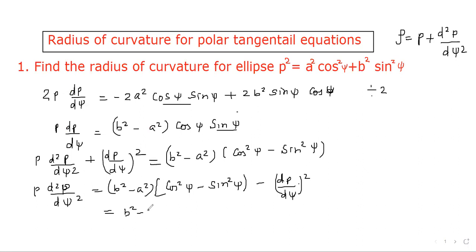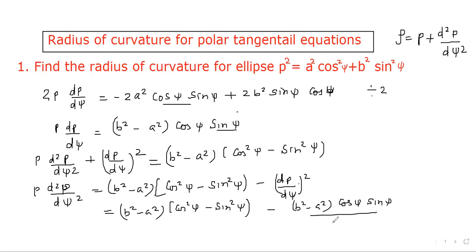So this will become (b² − a²)(cos²ψ − sin²ψ) minus (b² − a²)² cos²ψ sin²ψ divided by p².